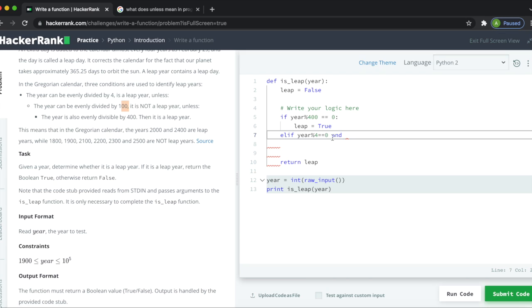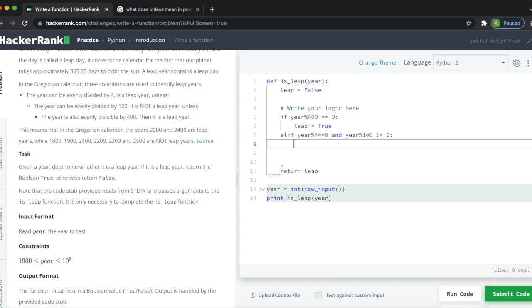So year, if evenly divided by 100, then they say it to be not a leap year. So we can write a logic in this way. Now, when you put not equal to 0, it is the reverse of it, right? So if this satisfies, we would give leap is equal to true.